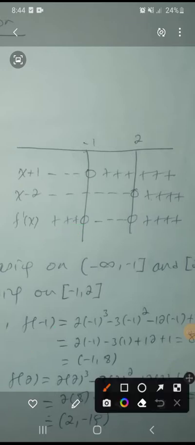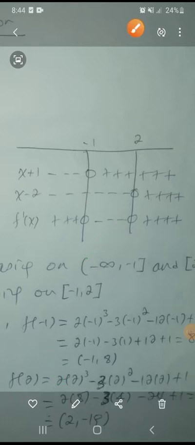If the first derivative changes sign from negative to positive at x = 2, then f(2) is a local minimum. So the local minimum is at (2, -19).